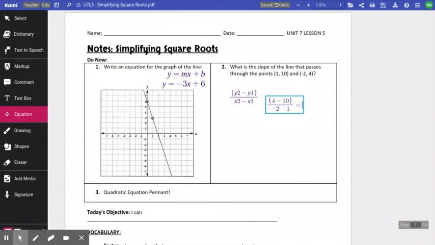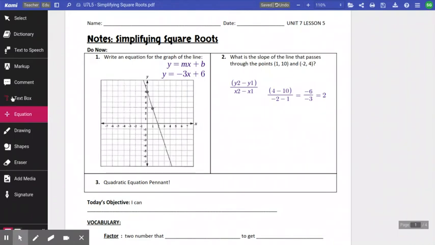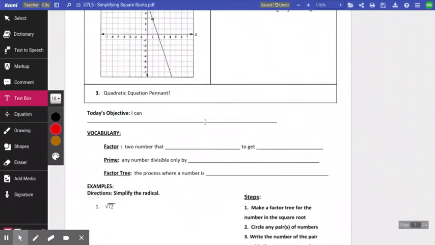That's going to end up giving us 4 minus 10, which is negative 6, all over negative 2 minus 1, which is negative 3. And then negative 6 divided by negative 3 gives us a positive 2. So to answer the question, what's the slope? The slope is 2.